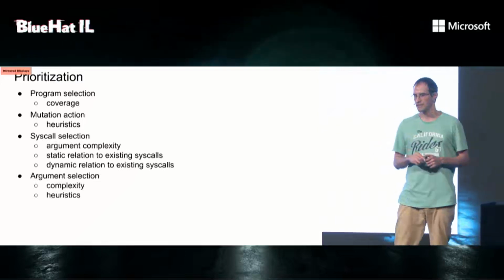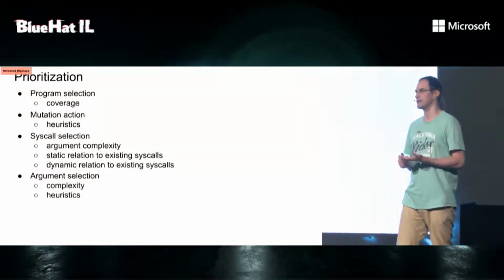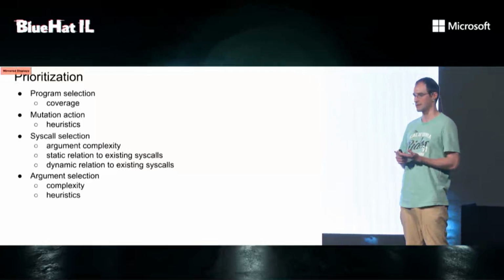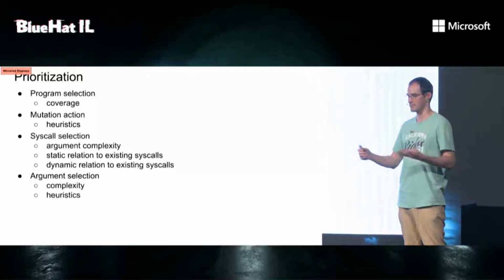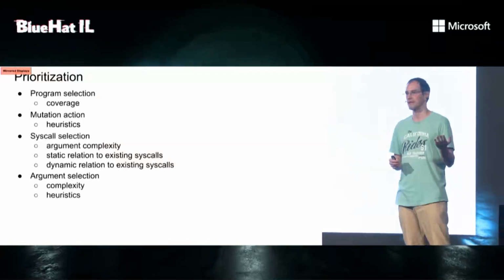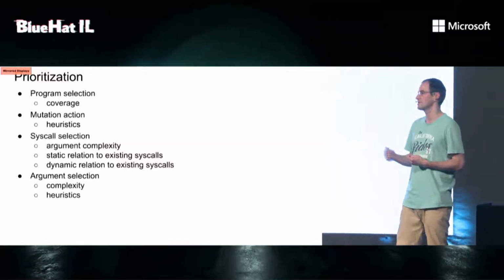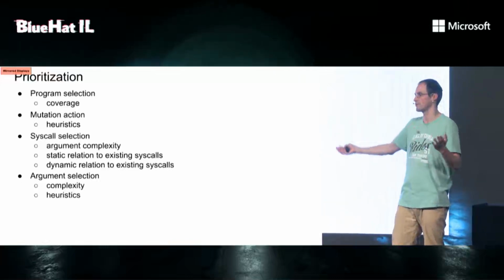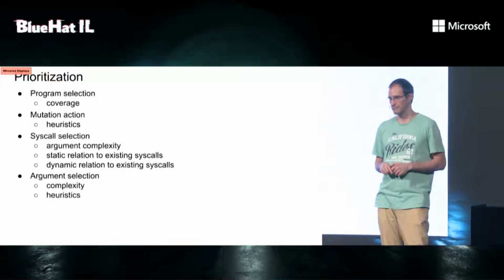When we select an argument for mutation, we have some objective criteria, which is based on the domain space of this argument. For example, we have int8 and int64, and we want to mutate int64 more just because it has many more values to try.